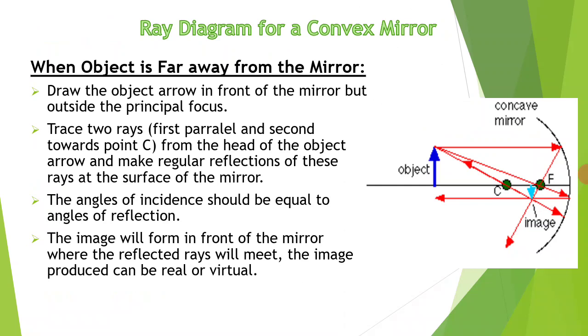Trace two lines from the head of the object arrow, the first parallel and the second towards the point C, and make regular reflections of these rays at the surface of the mirror. The angle of incidence and the angle of reflection should be equal. The image will form in front of the mirror where the reflected rays meet. The image that is produced can be real or virtual.